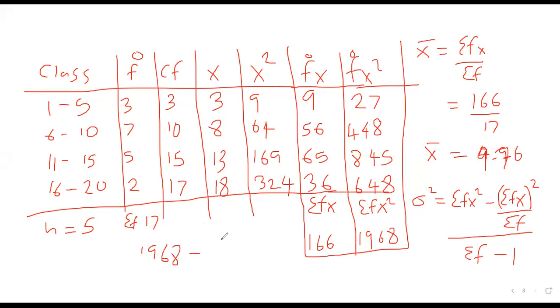Summation of fx is 166, squared, over 17. Remember, you start from here: 166 squared over 17, subtract from there, and the final answer is divide by 16. It's called the variance.